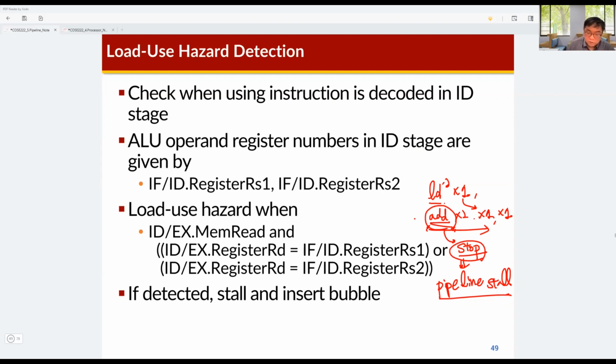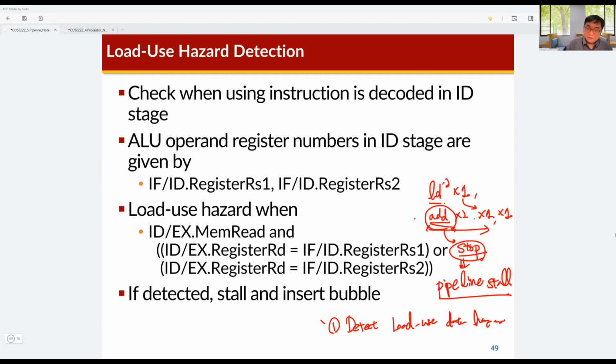So first we need to detect the load-use data hazard. What is the detection condition?